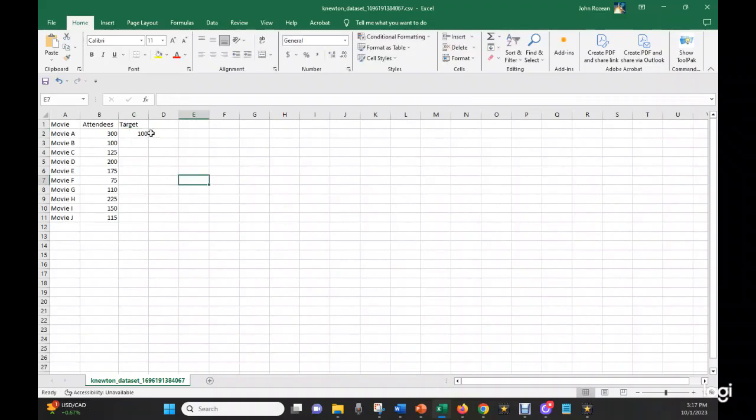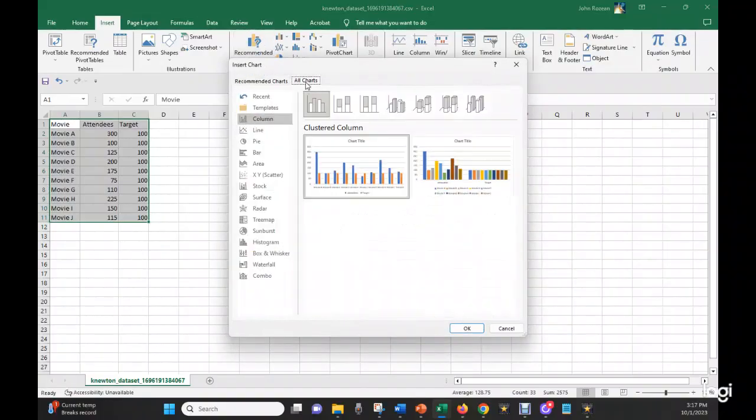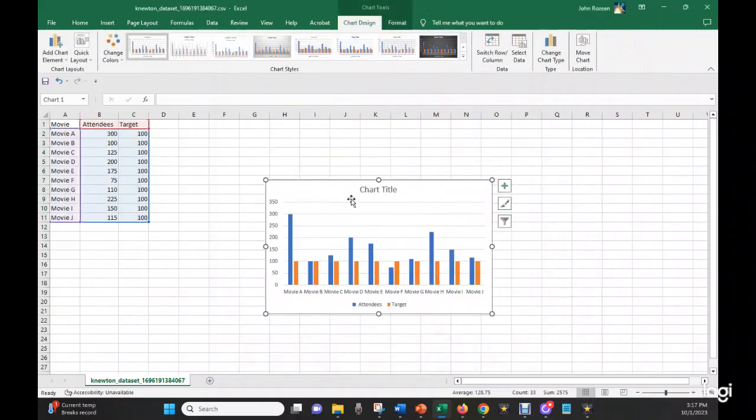Again, we're going to use our fancy copying tool here in Excel. So let's highlight our data. Go to Insert. And we're looking at a chart. Usually there's a variety of different ways to go about doing these things, but I usually go to recommended charts, all charts. I want a column. So let's go ahead and get that created.